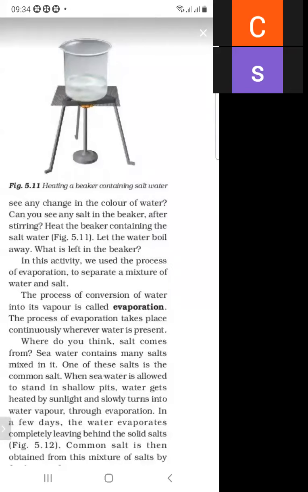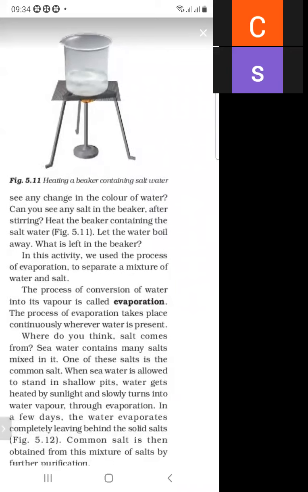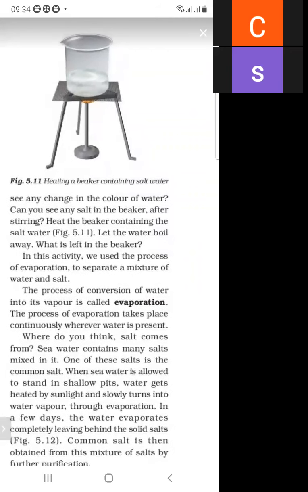Then heat the beaker containing the salt water and let the water boil away, and see what is left in the beaker. Firstly, we will take a beaker and add some salt into it.